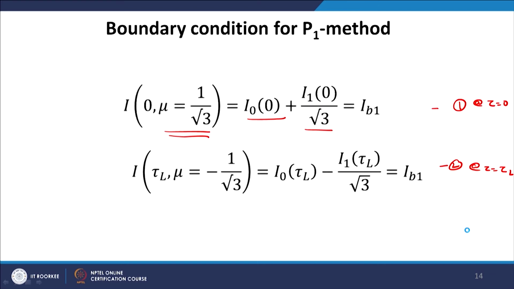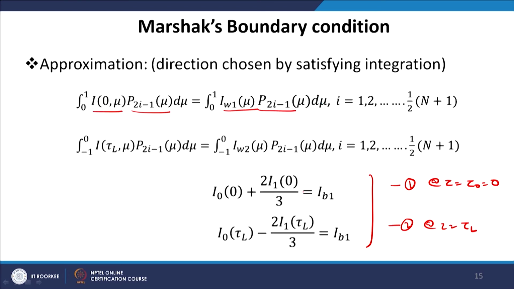If you look here, we have I 1 at 0 by root 3 and I 1 at tau L by root 3, while here we have 2 I 1 by 3 and minus 2 I 1 by 3. So, this is how the boundary conditions between Mark and Marshak differ. Again I will highlight the difference: one is based on discrete directions.